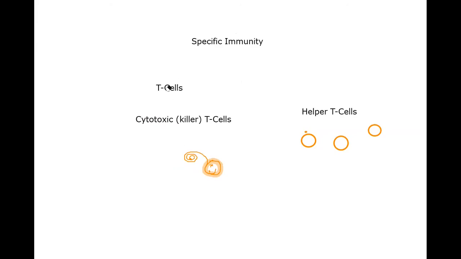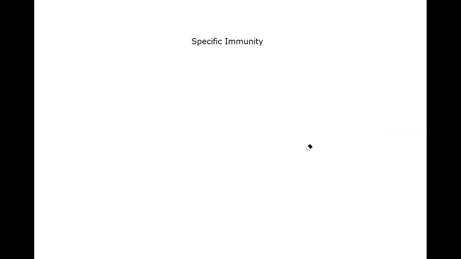All right, so now let's backtrack and remember what these things do for a comparison. So B cells and T cells. B cells, first of all, mature in bone marrow. They produce antibodies.